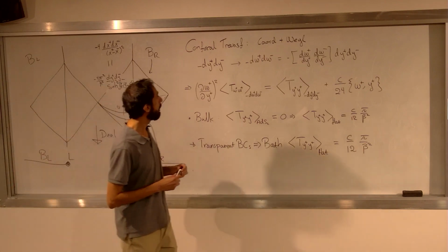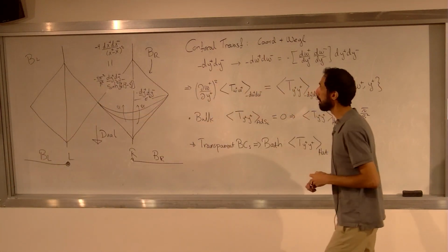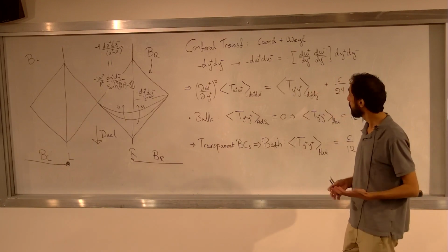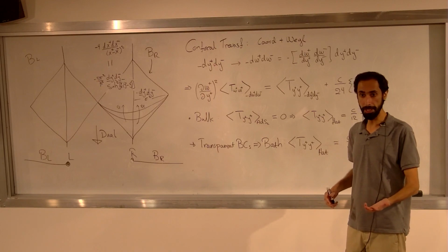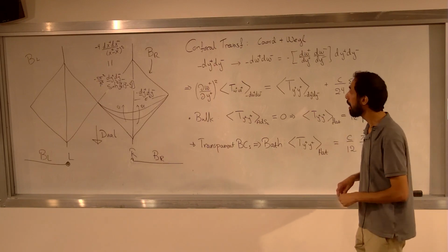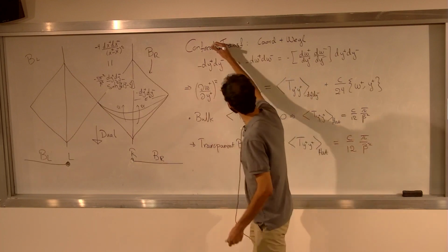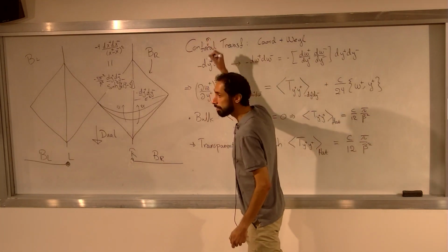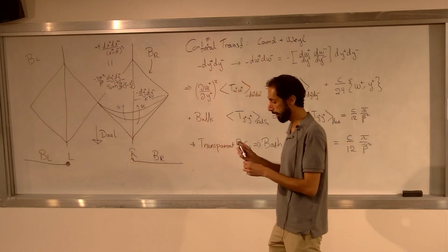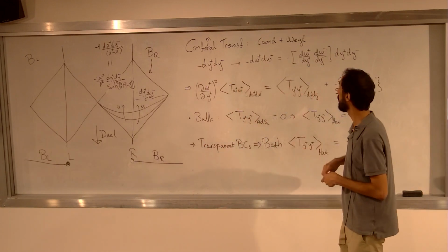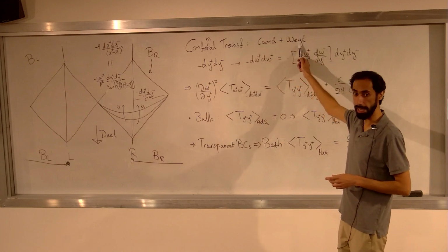Okay. Something else we talked about last time is what happens when you do coordinate transformations and Weyl transformations, what happens to the stress tensor. I should emphasize that this is what people mean when they say conformal. Is there a question? Conformal transformation. So conformal transformation in CFT is a combination of a coordinate transformation and a Weyl transformation.